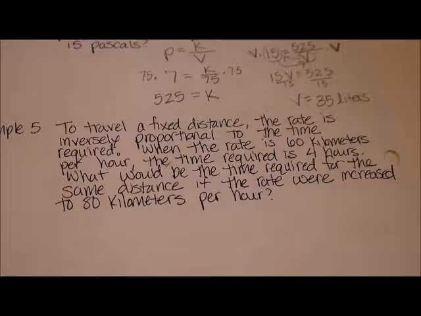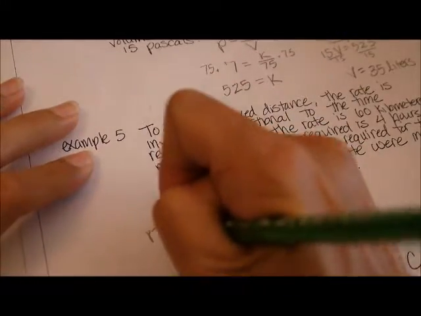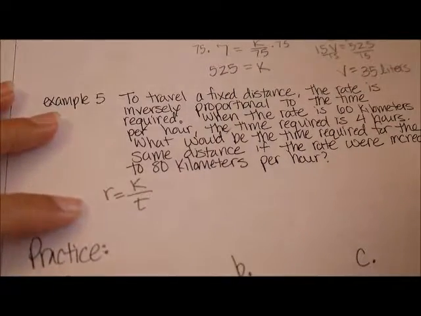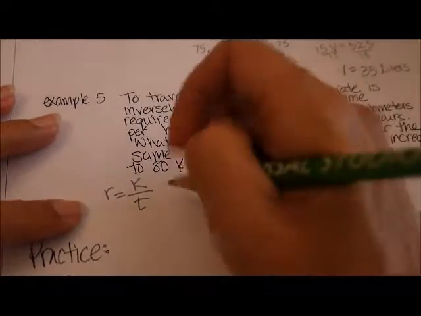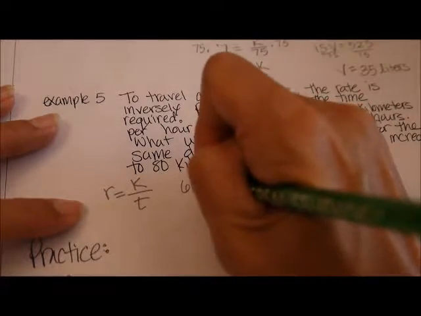All right, the last example. To travel a fixed distance, the rate is inversely proportional to the time. So the rate is inversely proportional to the time. There's our equation. When the rate is 60 kilometers per hour, the time required is 4 hours.